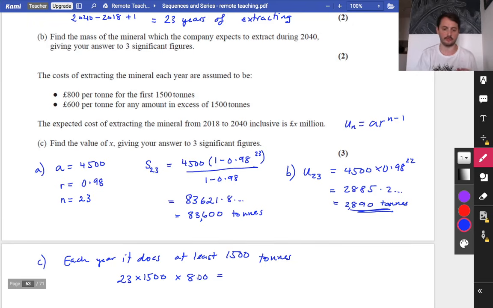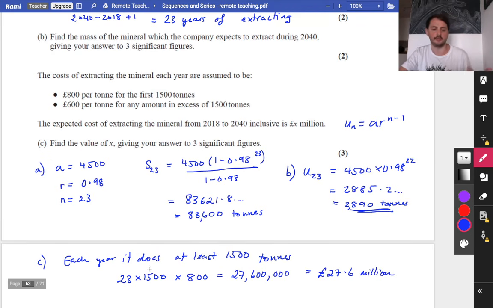So this is going to be the cost of just doing the 1,500 tons in each year. So that's 23 times 1,500 times 800, which is 27,600,000 pounds, which we might just write as 27.6 million, okay?